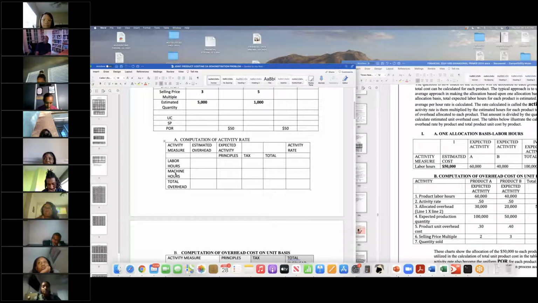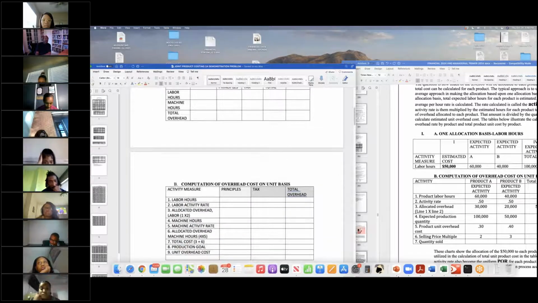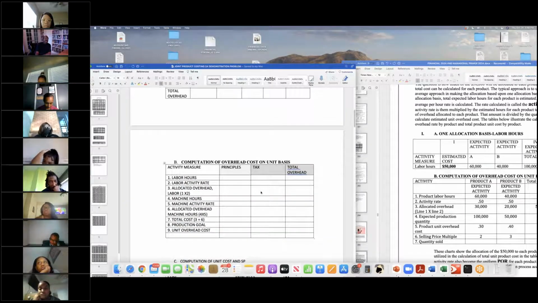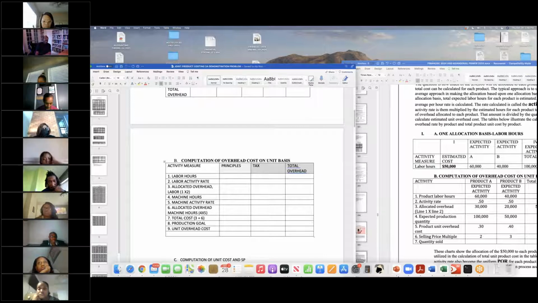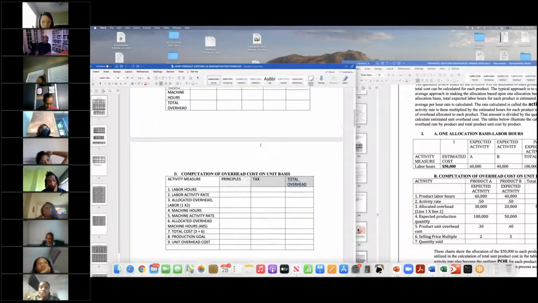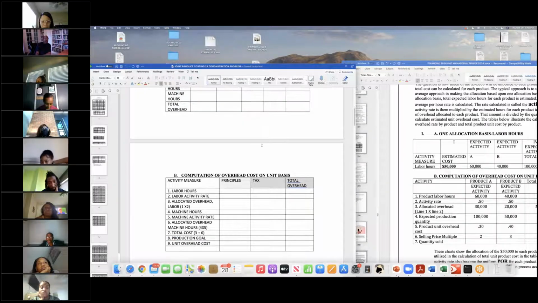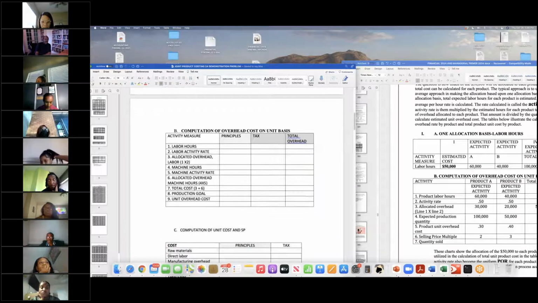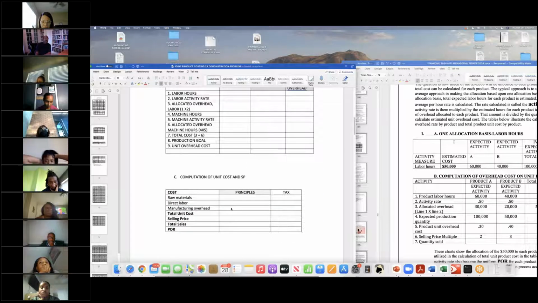Sometimes we use more than one item, but we're only using one, so you don't have to worry about machine hours at this point. So it's just labor hours. So we're going to go through that similar process. Once we get the overhead rate, we get the unit overhead cost. Once we get the unit overhead cost, we get the total cost, selling price, sales, and the POR.